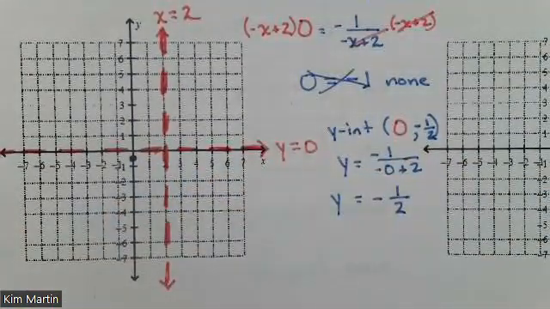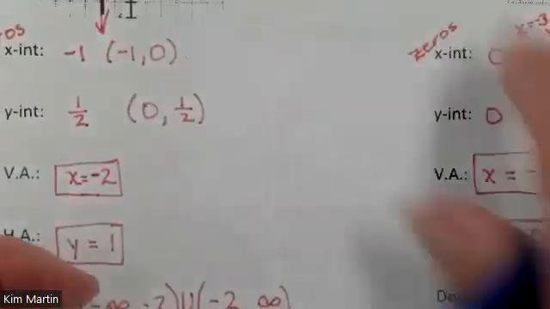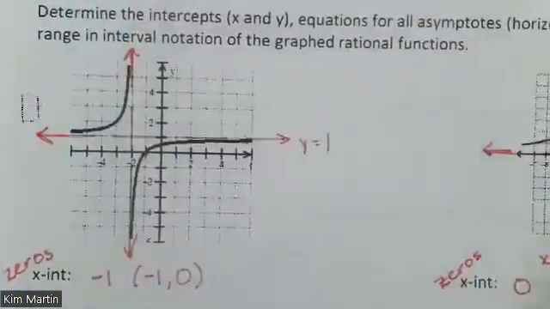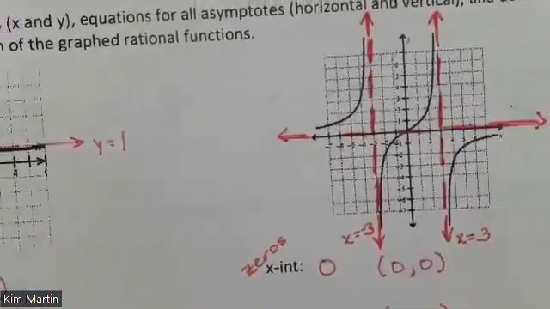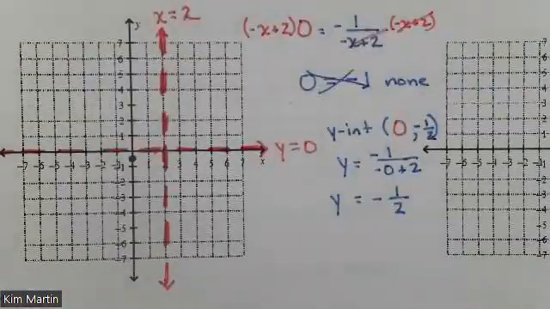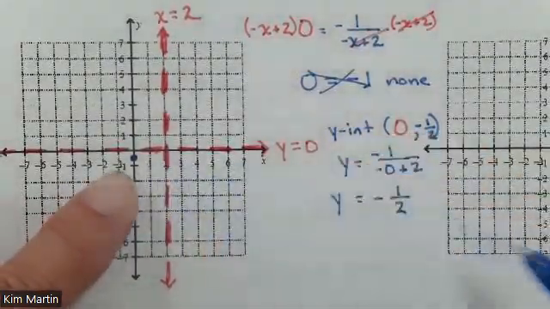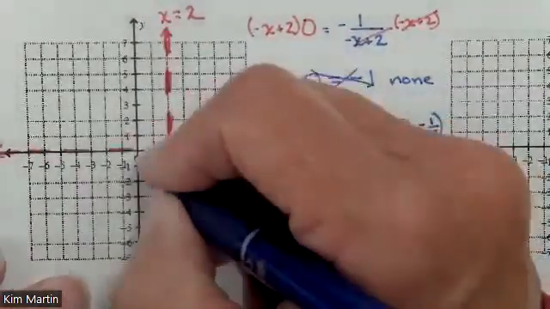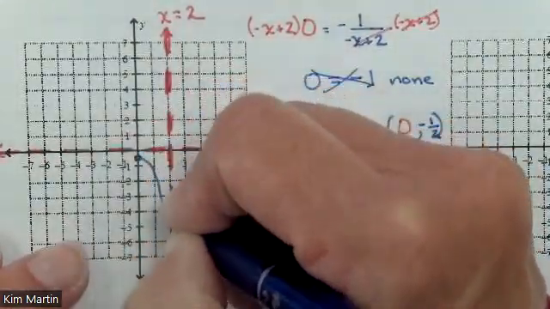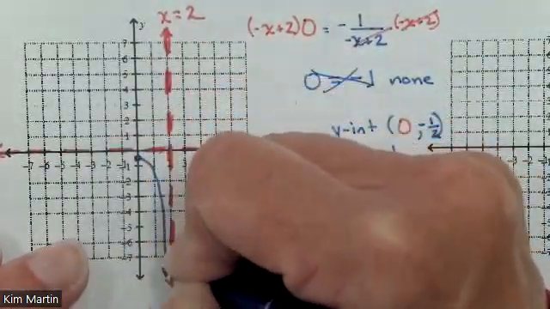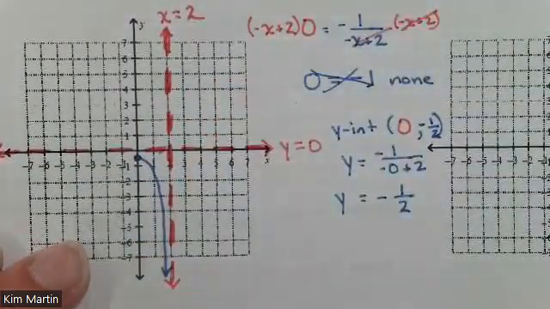Now I know all of these graphs are going to look funky. They're going to be broken because of asymptotes. So the only way this graph down here can do this is to approach that asymptote, but never cross it.